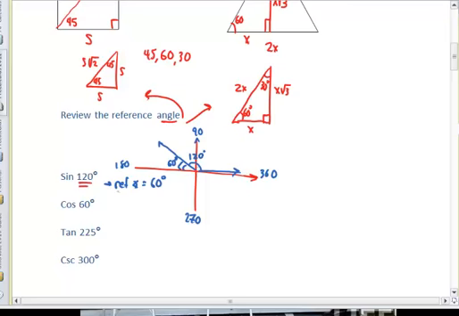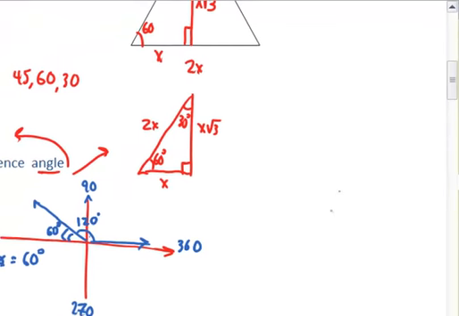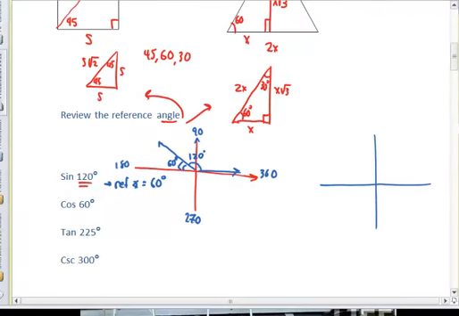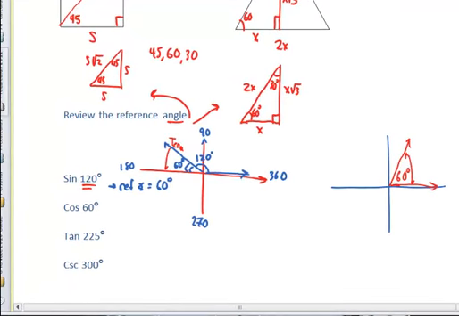If we look at the cosine of 60, when I draw a 60-degree reference angle, what you'll notice is if you have an angle that is under 90 degrees, then the reference angle is just 60 degrees. Now, the definition of a reference angle, the way I explain it in class, is if you take the terminal side and find the amount that you have to wind that terminal side back to the horizontal, that's your reference angle amount.